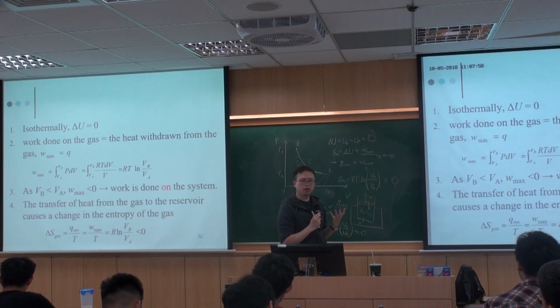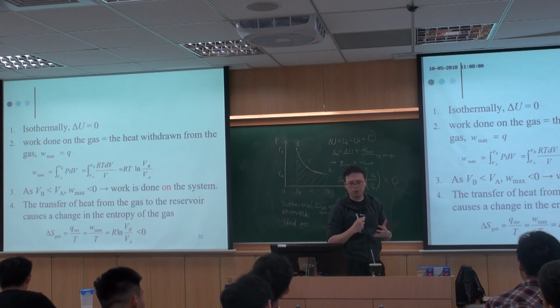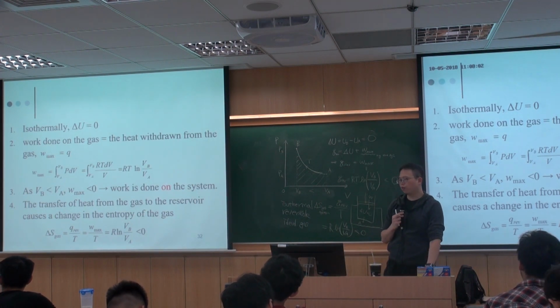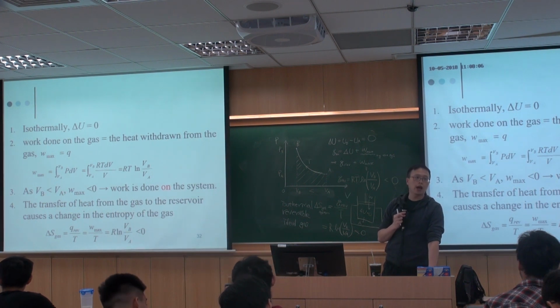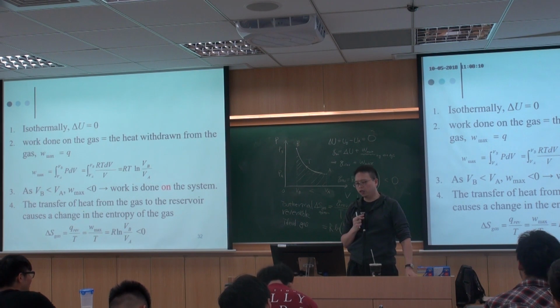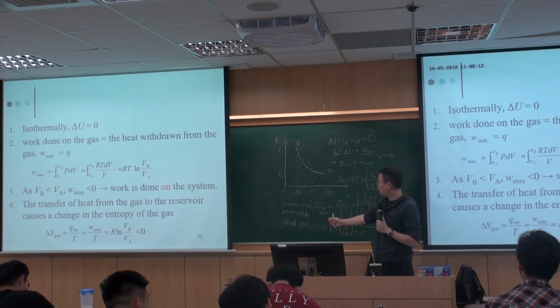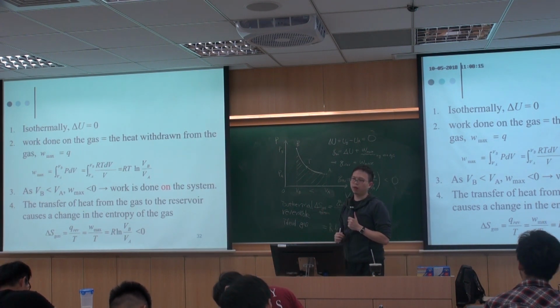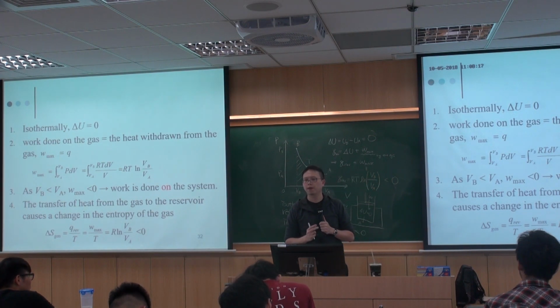So it means that this is an example. In most of the examples in the textbook, it shows you the expansion. The reason why we want to show compression over here is to show you that the entropy change of a system can be less than 0. Right?